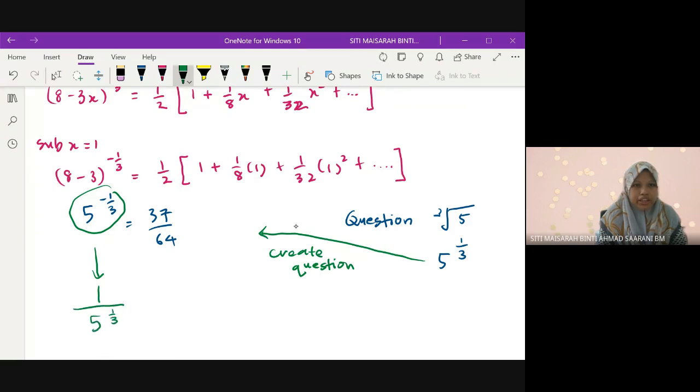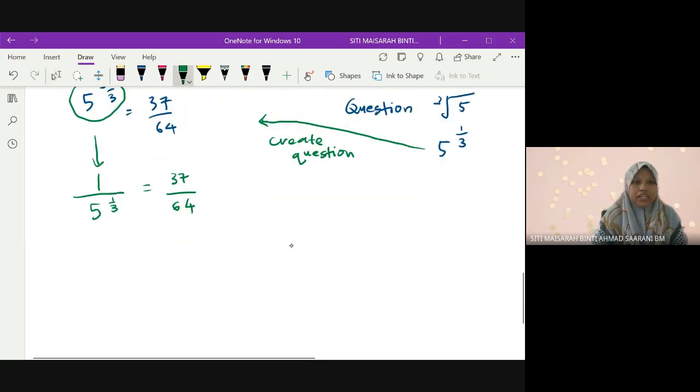Since this is negative, so this one akan jadi 1 over 5 power 1 over 3 equals to 37 over 64. Then awak boleh jadikan subject 5 power 1 over 3 as a subject. So then 5 power 1 over 3 or cube root of 5 equals to, this one akan jadi 64/37.